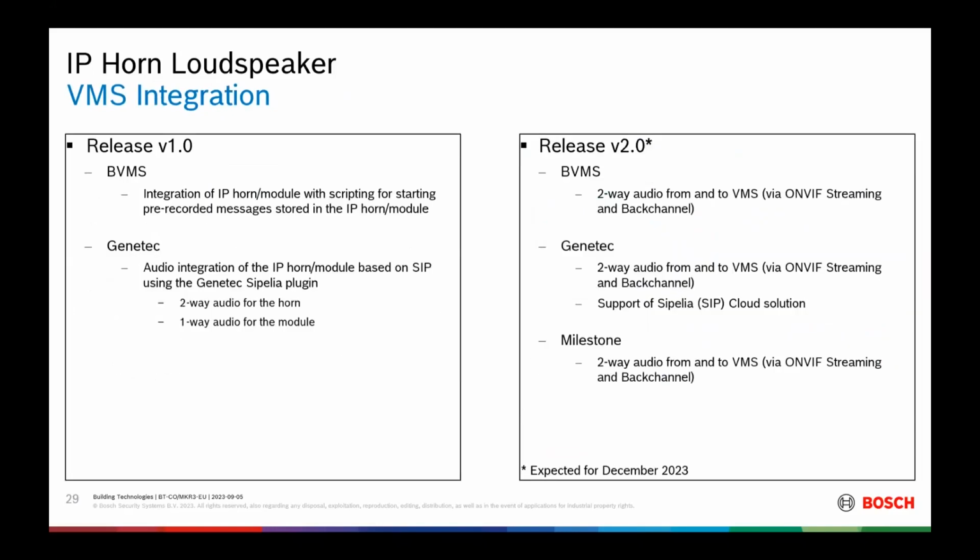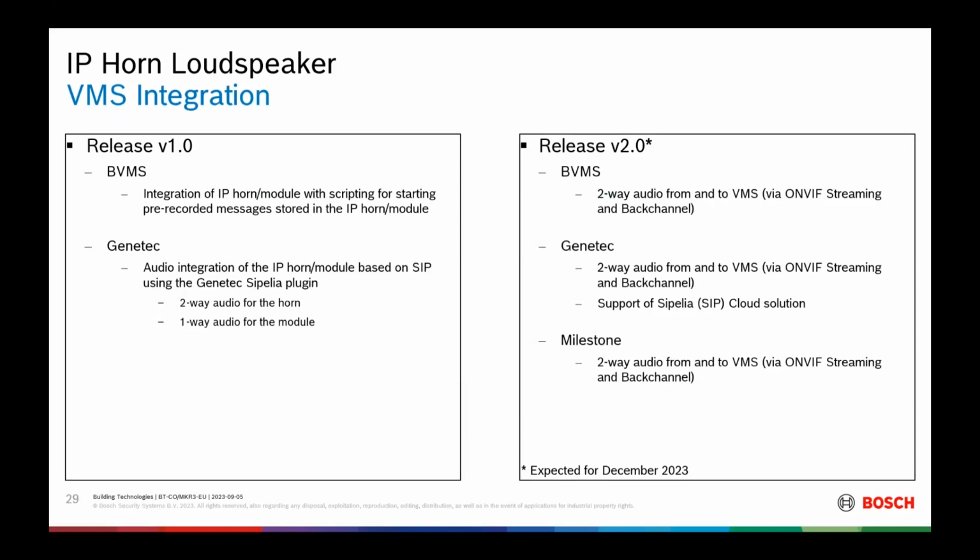Here you can see an overview of the VMS integration. In the first release, it was possible to integrate the IP horn and module in BVMS with scripting for starting pre-recorded messages stored on the IP horn or AMP module.